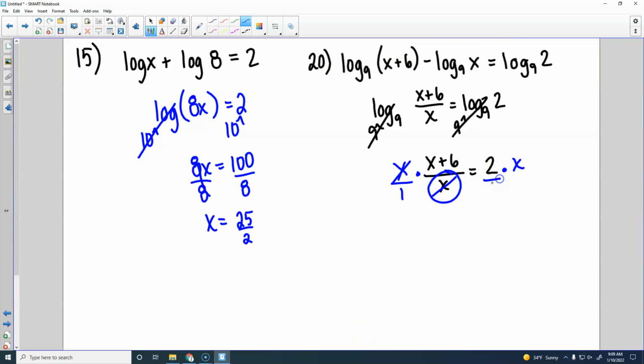Or the other way you can think about it is you can put this over 1, it's like you're cross multiplying. So you got x plus 6 equals 2x. So whatever you have in the denominator of the fraction, if you multiply both sides by that denominator, it'll get it out of the denominator so you don't have to deal with it anymore. And so then you just have a simple equation to solve. So you could just subtract that x, 6 equals x.